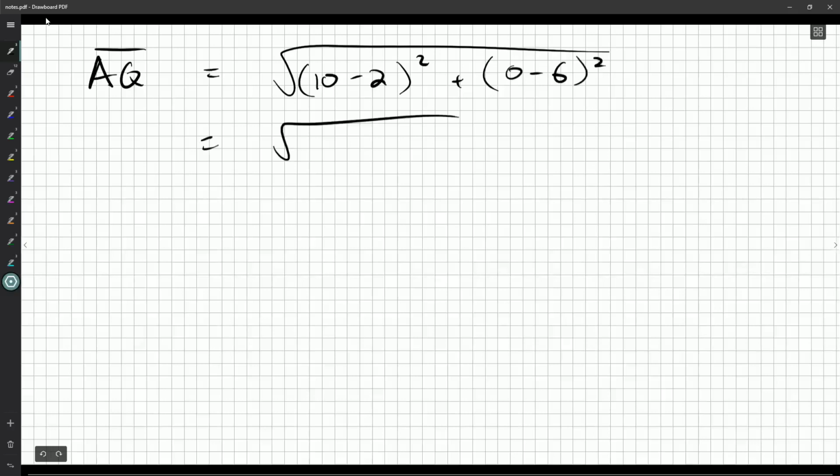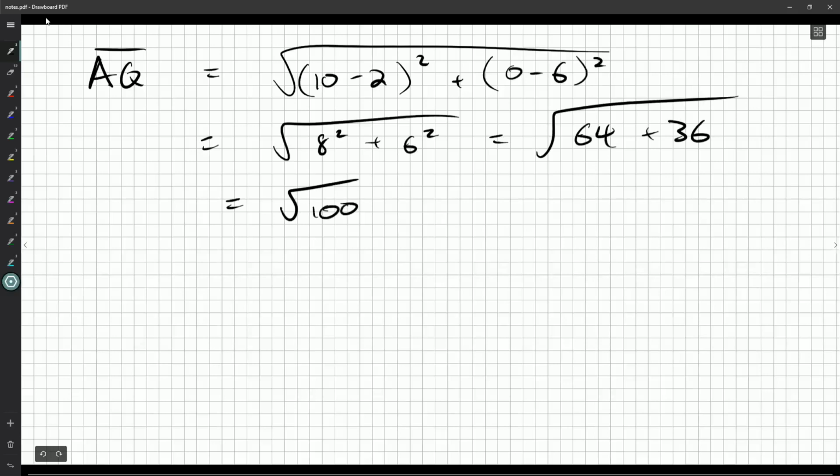So that'll be the square root of 8 squared plus 6 squared, or the square root of 64 plus 36, and that's 100, so the square root of 100 is 10. So length AQ is 10. There we go. Okay.